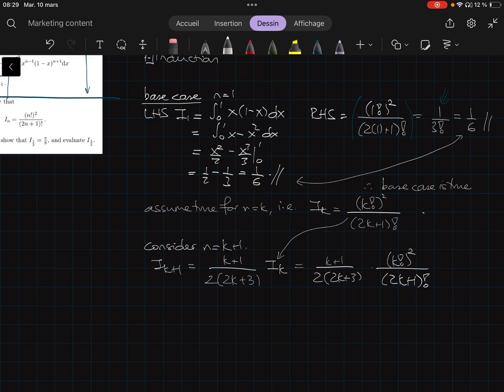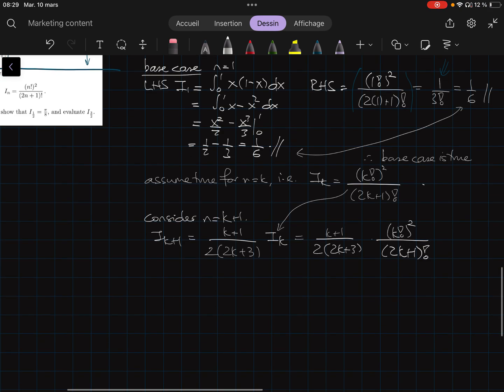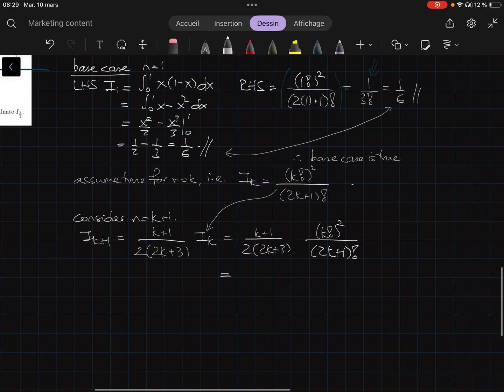Okay, beautiful. Where do we go next? Where are we going? What are we trying to do? Where do we want to get to? We want to get to (k plus 1) factorial squared divided by (2k plus 3) factorial.